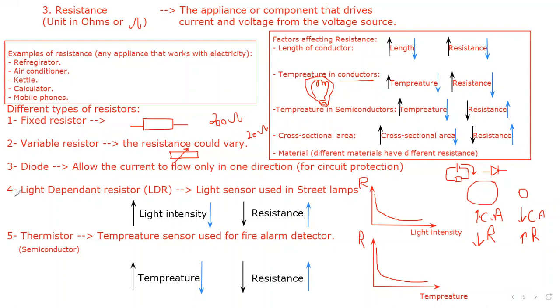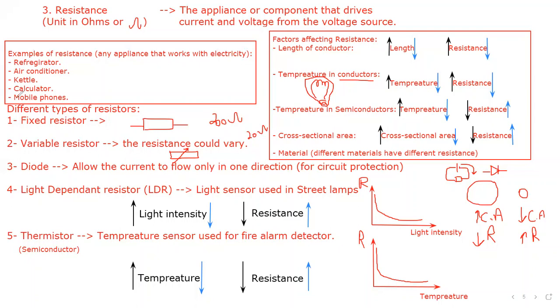So the resistance will decrease, and so the light will turn off. And vice versa, when the light decreases, it means that we need the lights to turn on, so the resistance will increase, and so the light will turn on.